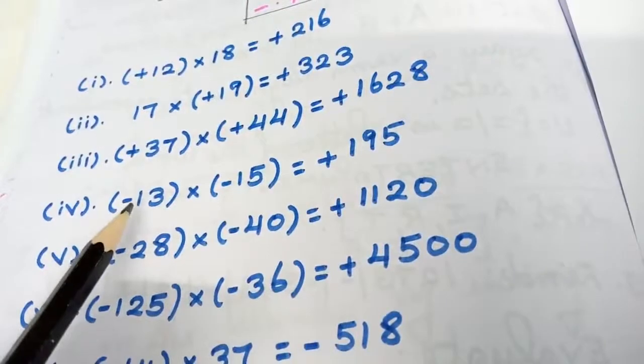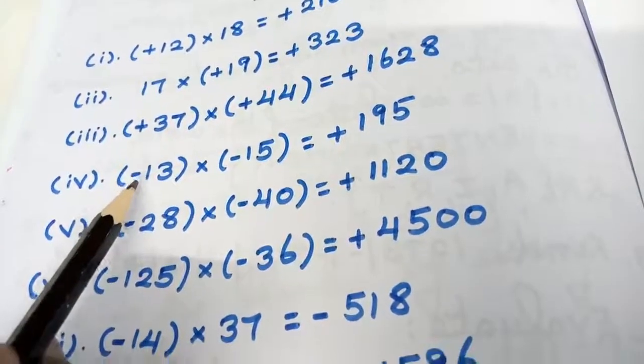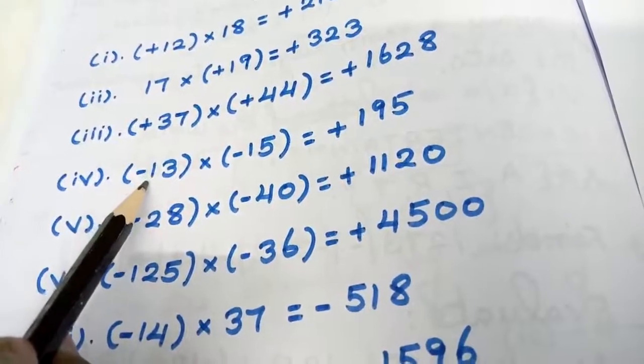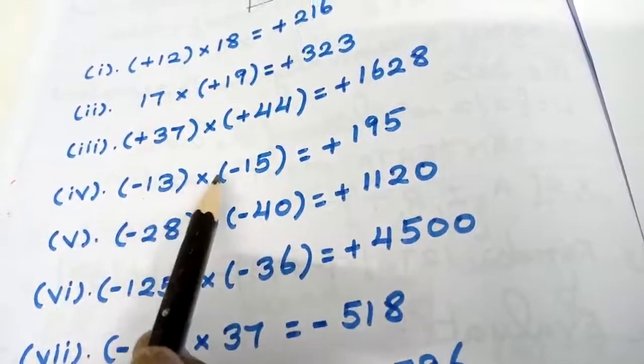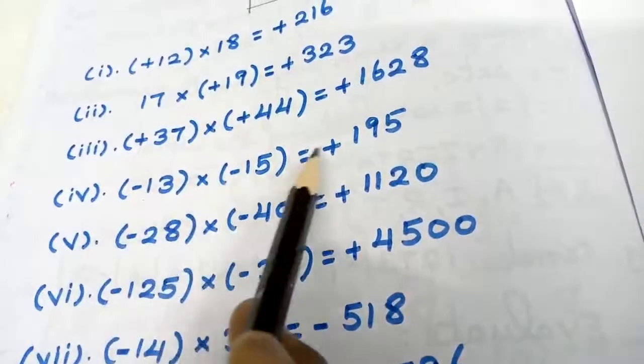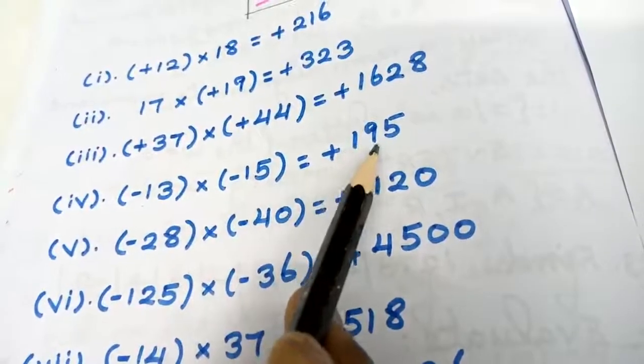If you look at question number 4, first I multiply the sign. What is the question given here? Minus 13 into minus 15. Minus into minus is plus, and 13 into 15 you will get as 195.